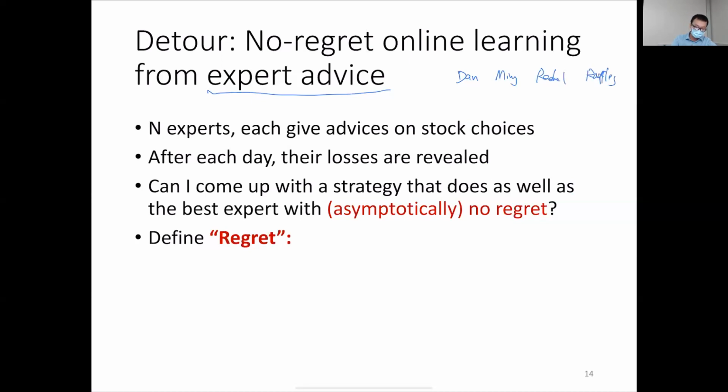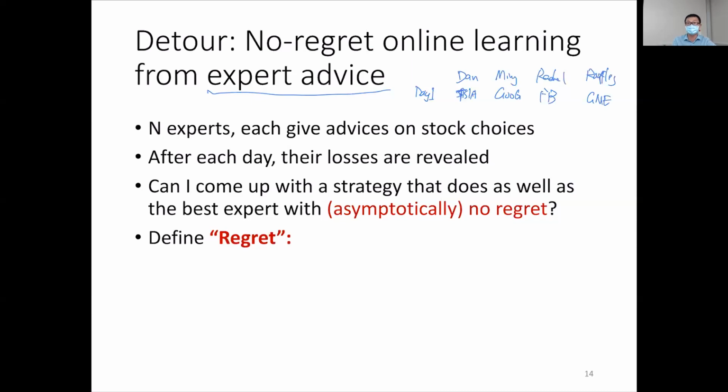Okay, and in day one, Dan said go buy Tesla, it's going to go up, and Ming said buy Google, it's going to go up, and sell everything else, and Rachel says just hold everything you have, and keep all the Facebook stock that you have, because that's something that's going to rise. And Raffles, my cat, basically put his paw on the GameStop and say yeah, that's his best bet.